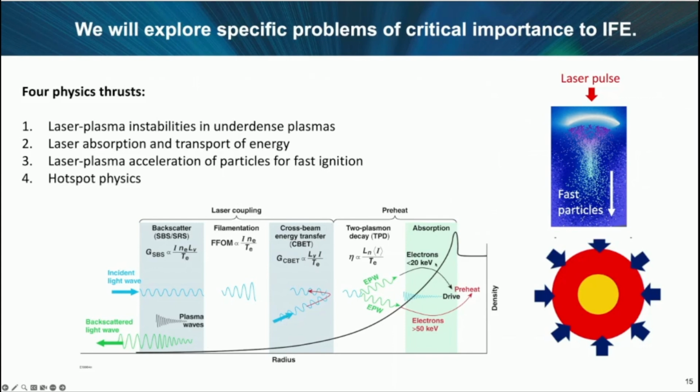And so there are different stages, different types of physics that happen as the laser propagates in the plasma that surrounds that target. There can be various instabilities. And so WarpX will be used to study those laser plasma instabilities, study laser absorption and transport of energy in the target, and then look at the hotspot physics.